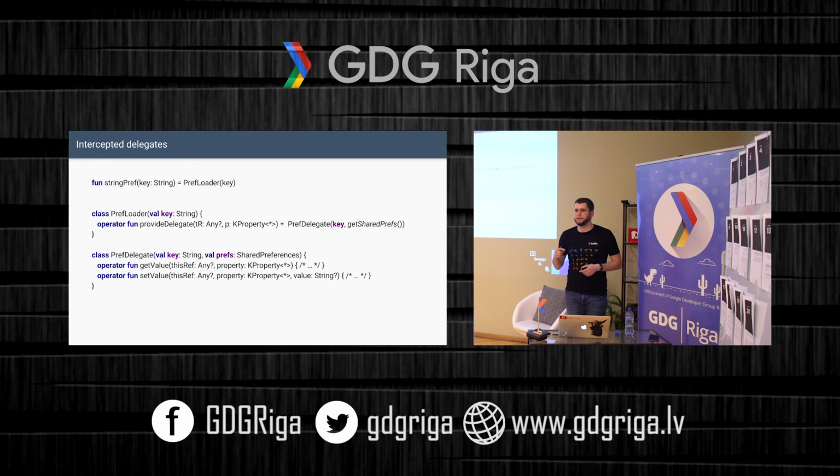You want to have the single entry point to that resource, and you can provide this resource to delegates from a single point. So you can define the pref loader that will go get whatever context you need and get shared preferences and provide them to the delegates that then later will provide the values when you need them.